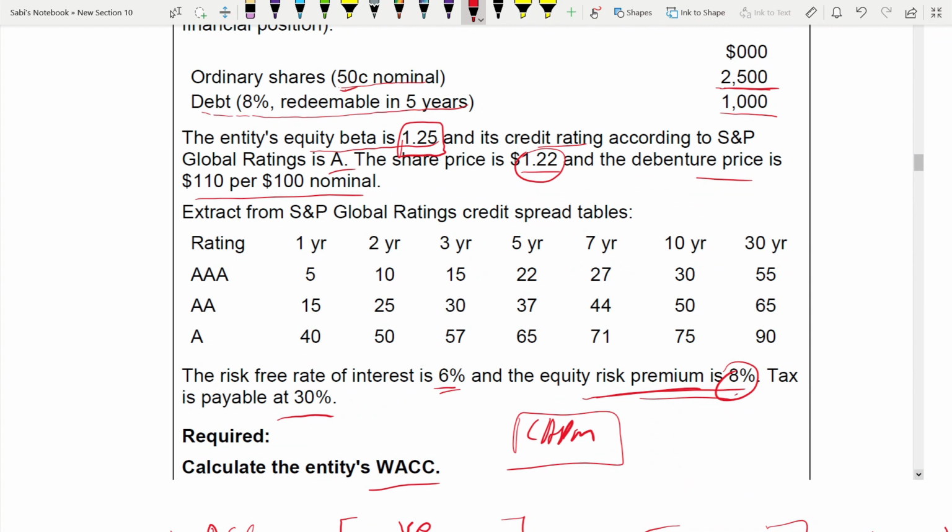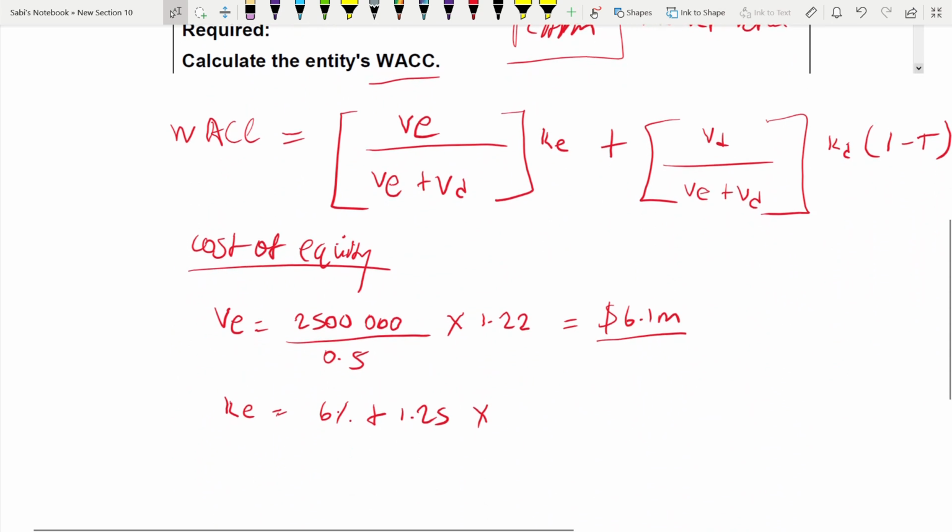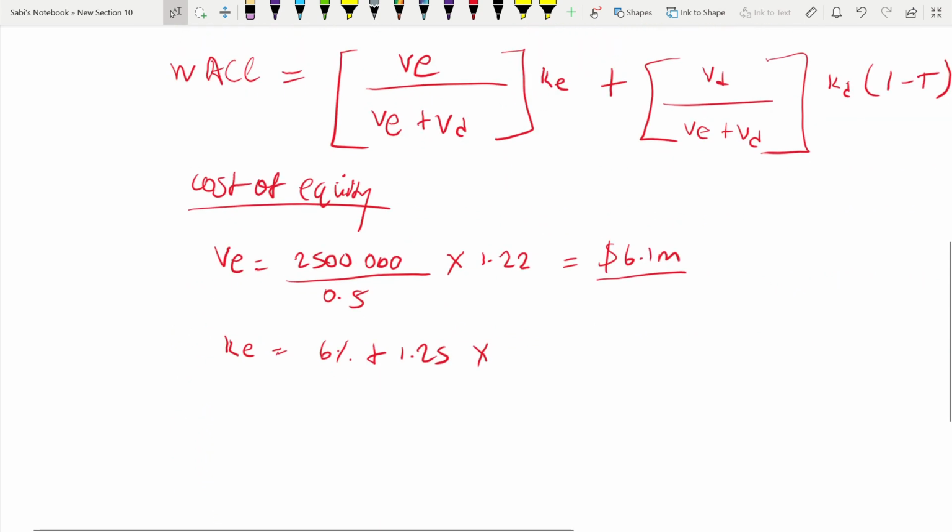How do you know when you have to subtract the risk-free rate? Only when they give market return. This is the risk premium. Already they have deducted the 6% from something and got 8%. It's like 14 minus 6 is 8%. So just multiply by 8%. First multiply, then add.